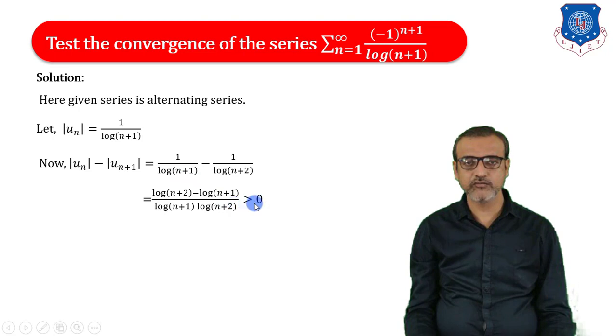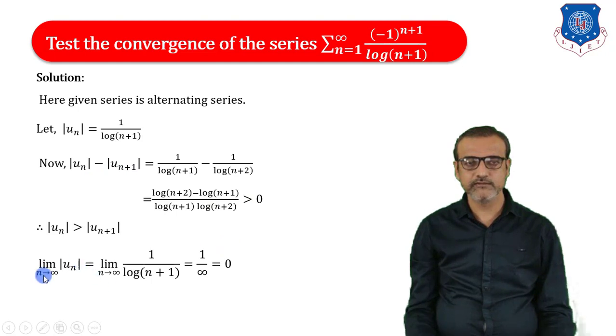Now this is always positive for n greater than or equal to 1. Therefore |u_n| is greater than |u_(n+1)|, as |u_n| - |u_(n+1)| is greater than 0. Now we will see condition number 2: limit n tends to infinity |u_n|, that is equal to limit n tends to infinity 1 over log(n+1).